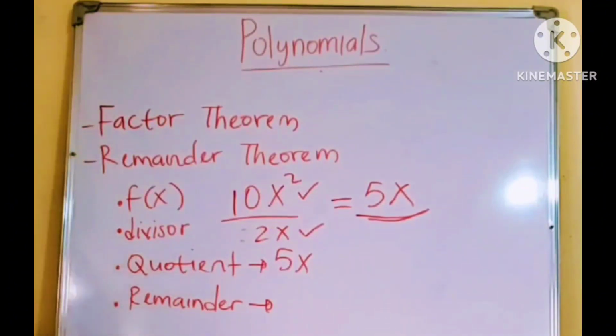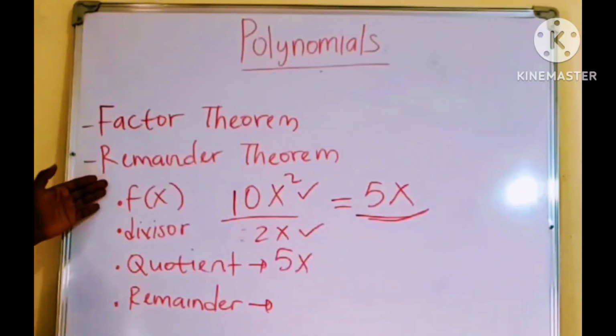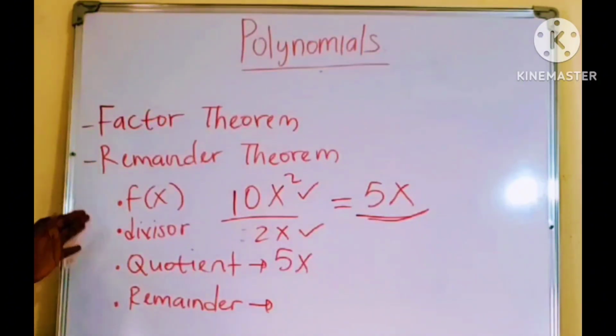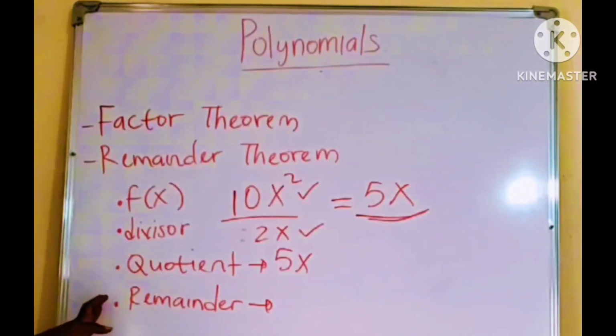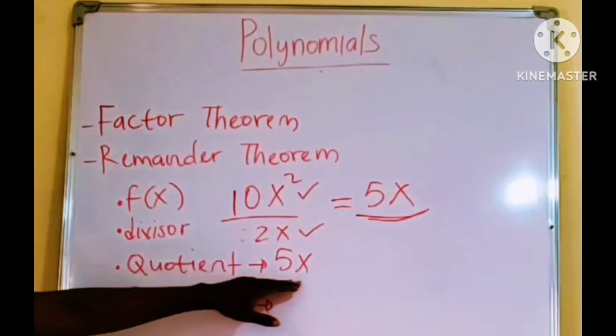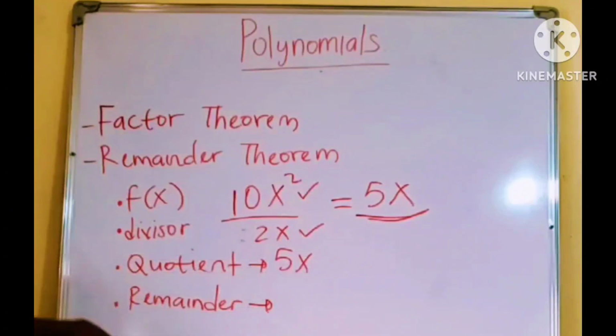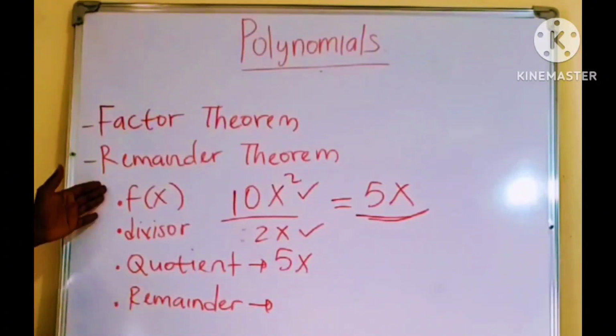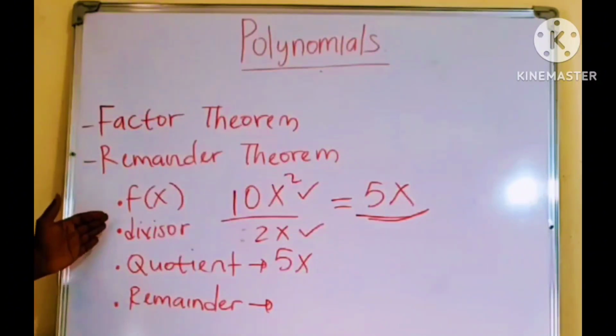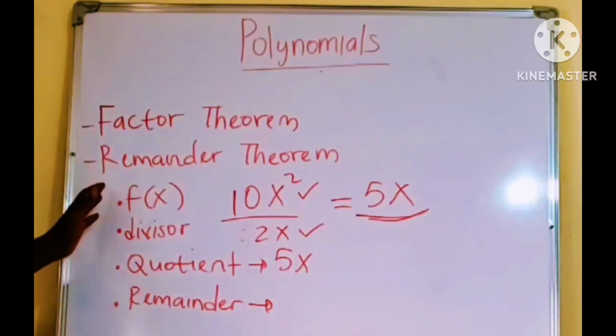Now the factor theorem says that when you divide a polynomial by its factor, there is no remainder. You have just your quotient, and most of the times it will be written as q of x. But when you divide your polynomial by a divisor that is not a factor, then you have the remainder. So that's the factor theorem and the remainder theorem.